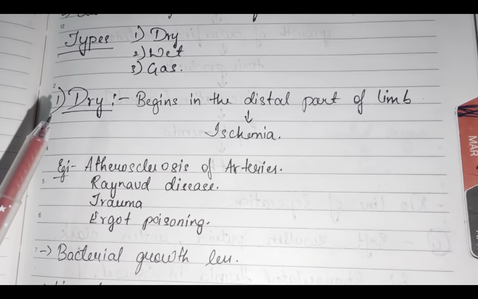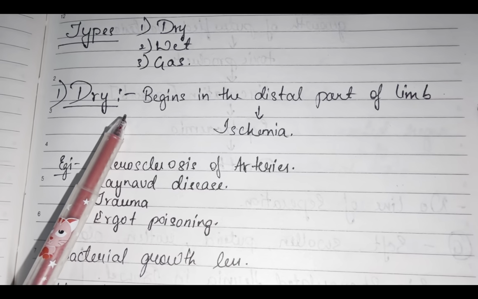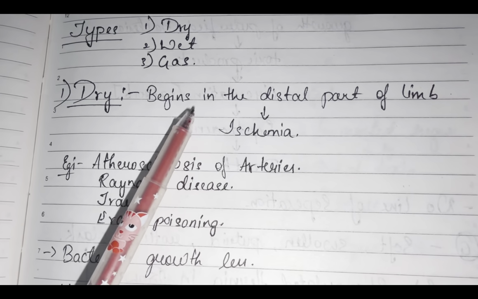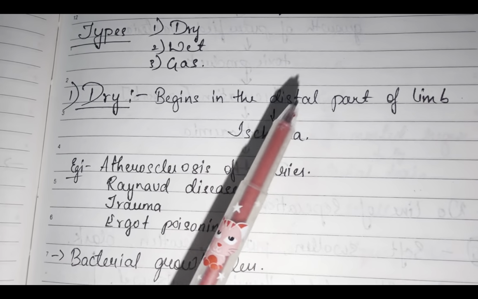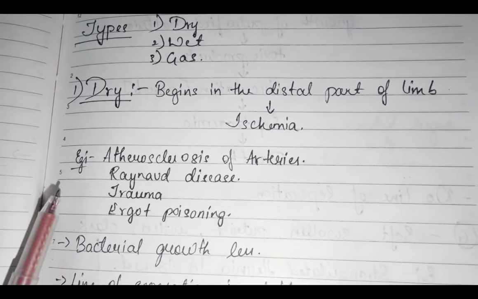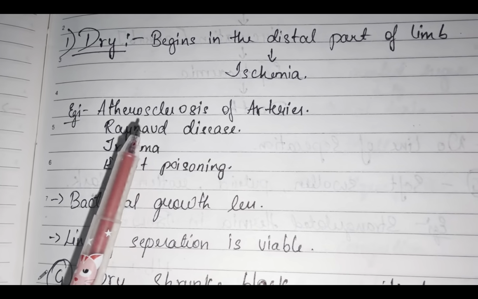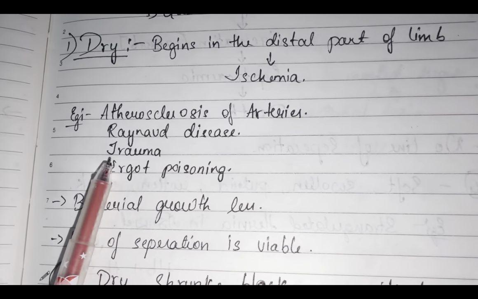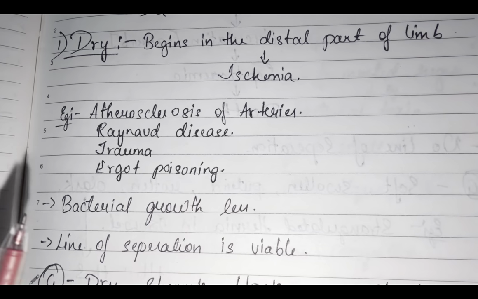So guys, coming forward to the first type, which is dry gangrene. It actually begins in the distal part of the limb due to ischemia. The examples are atherosclerosis of arteries, Raynaud's disease, trauma, and ergot poisoning.